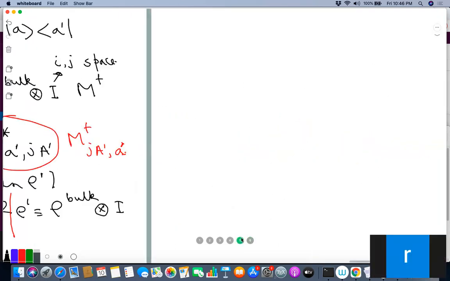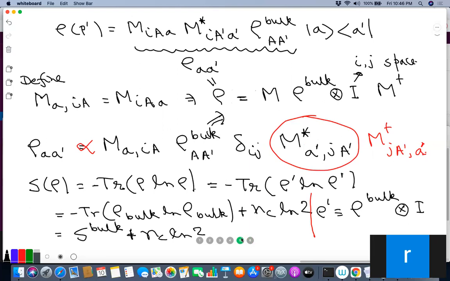In the previous slide, this log rho bulk, then it will be log rho bulk plus log identity, right? Yeah, but because it's in the product Hilbert space, it will be the sum of the two. It's not a product of matrices. It's an easy exercise to check.